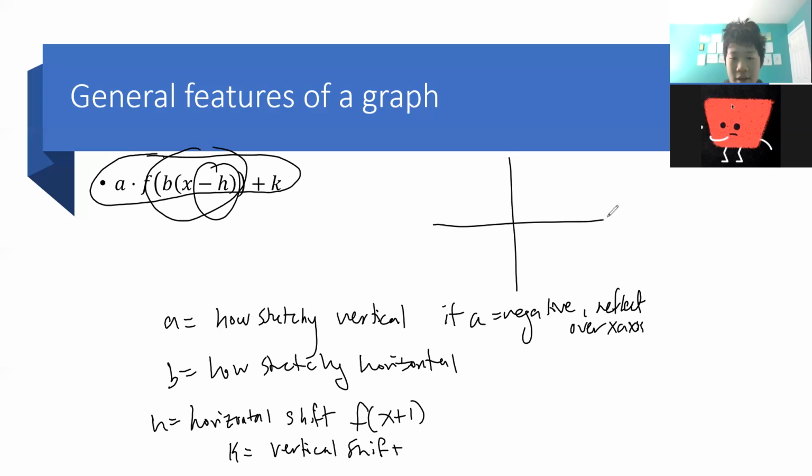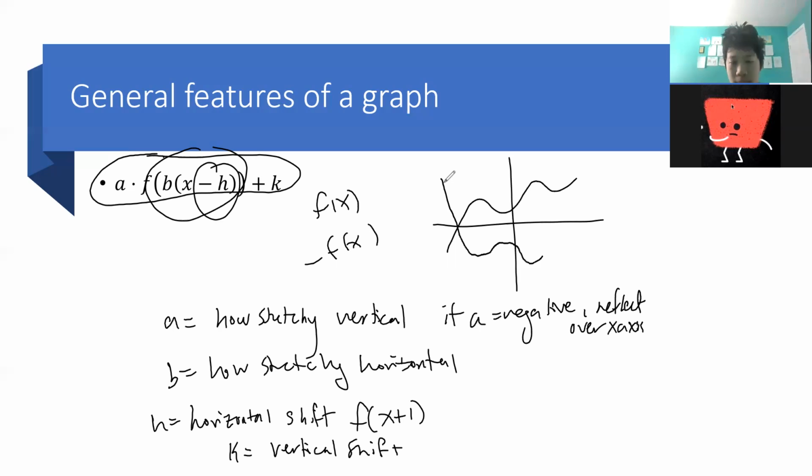So if this was f of x, then for negative f of x, I would reflect this whole graph over the x-axis. Something like that. Okay, and you can expect if b is negative, you reflect over the y-axis.